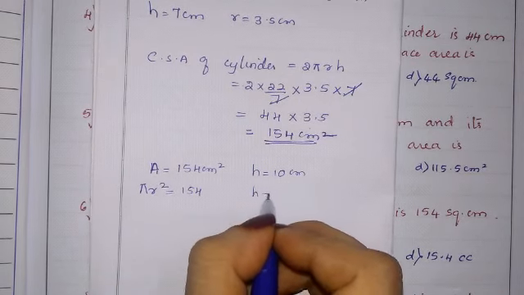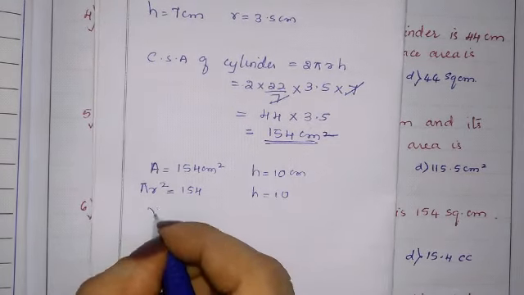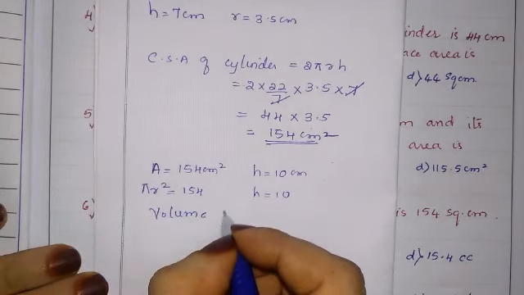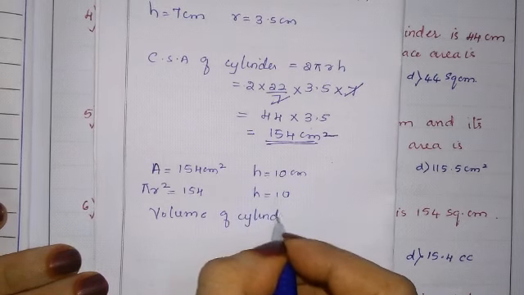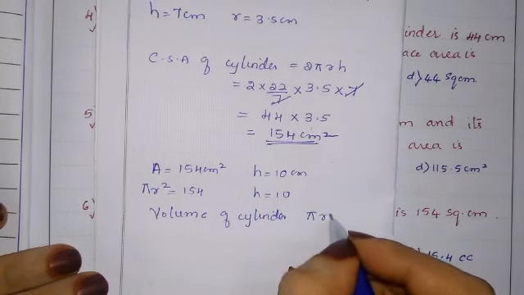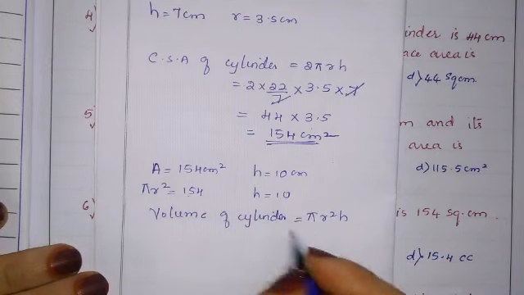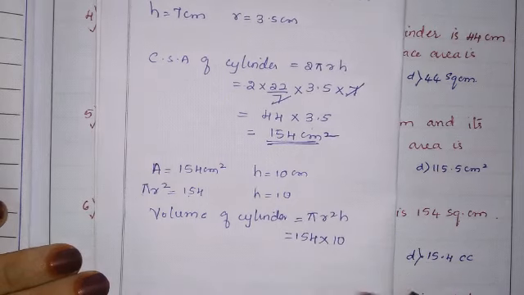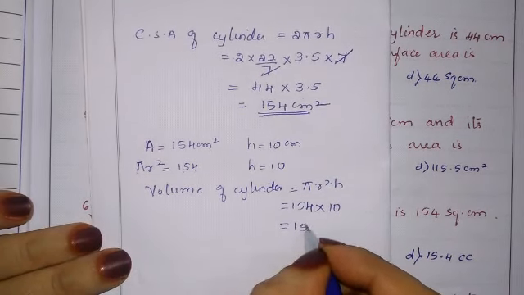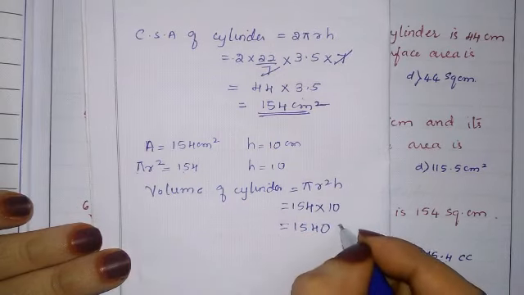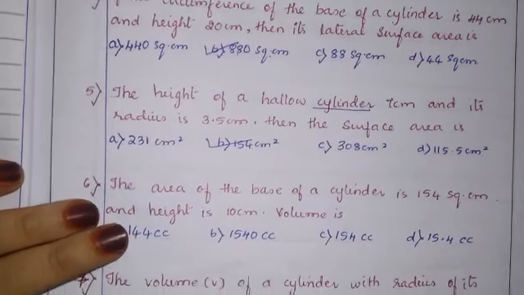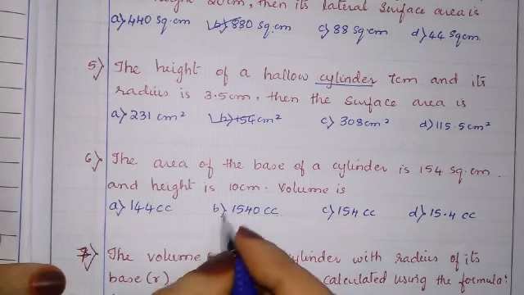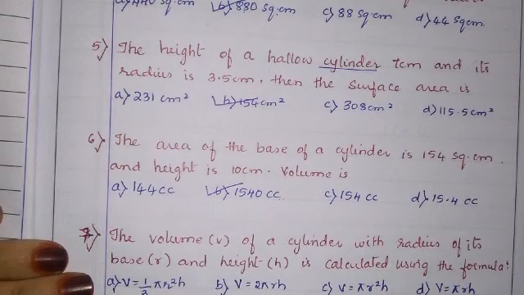The volume of cylinder formula is pi r square h. Pi r square value is 154 into h value 10. 154 into 10 is 1540. Volume is in cubic centimeter, so 1540 cubic centimeter. So option B is the correct option, 1540.